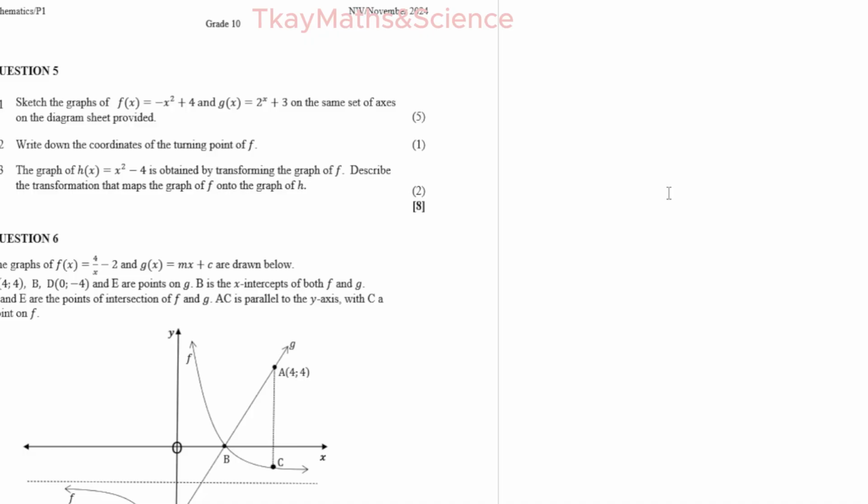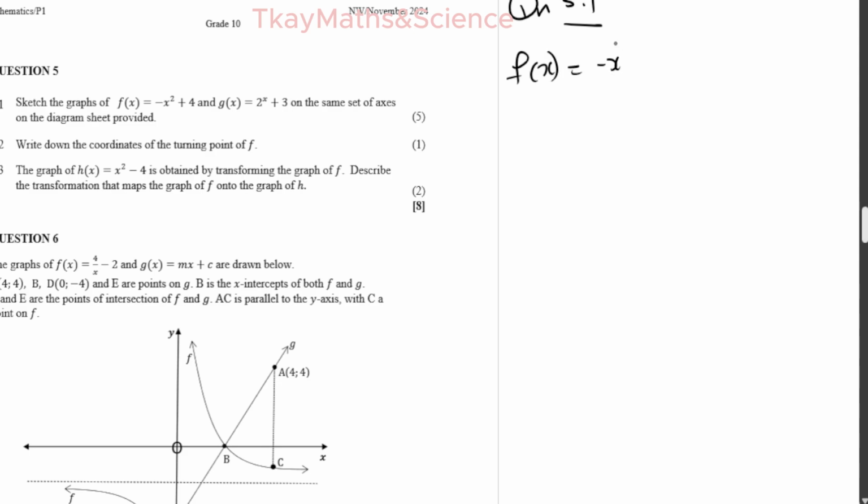All right, so on this question, let's write it as question 5.1. We have these two graphs: f(x) is equal to minus x squared plus 4, and g(x) is equal to 2 to the x plus 3.